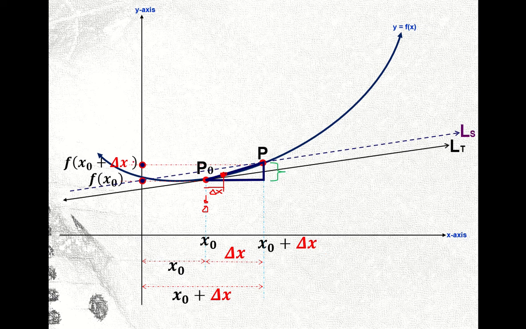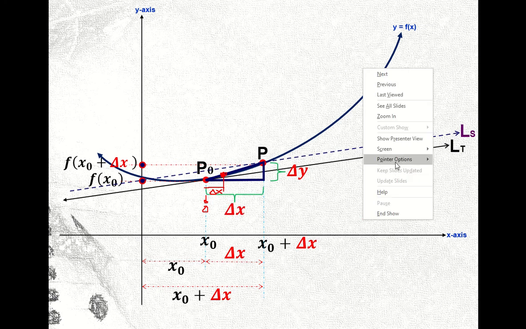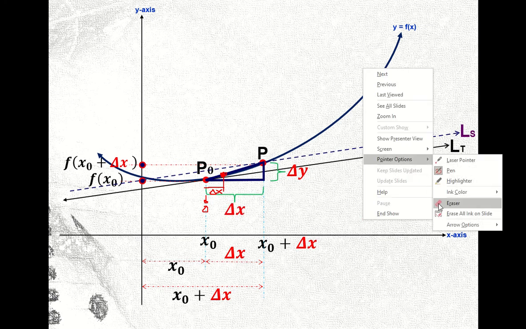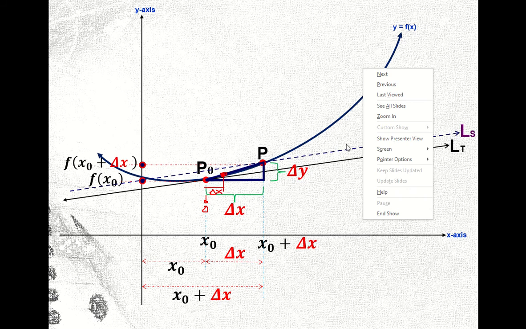From this illustration, this is our delta y, the difference between the two values of the function, and this is our delta x. I'll just delete this part here.